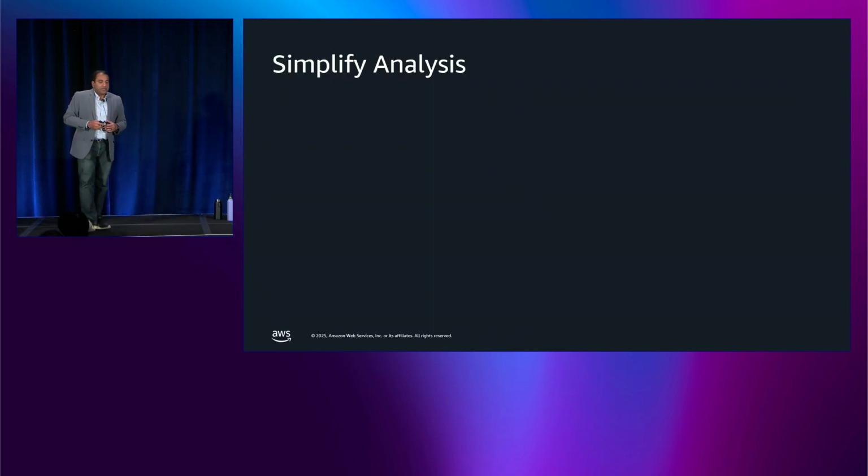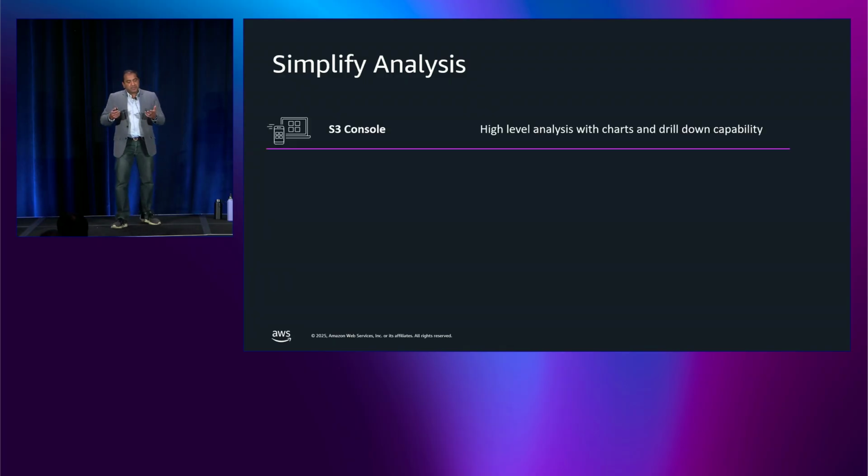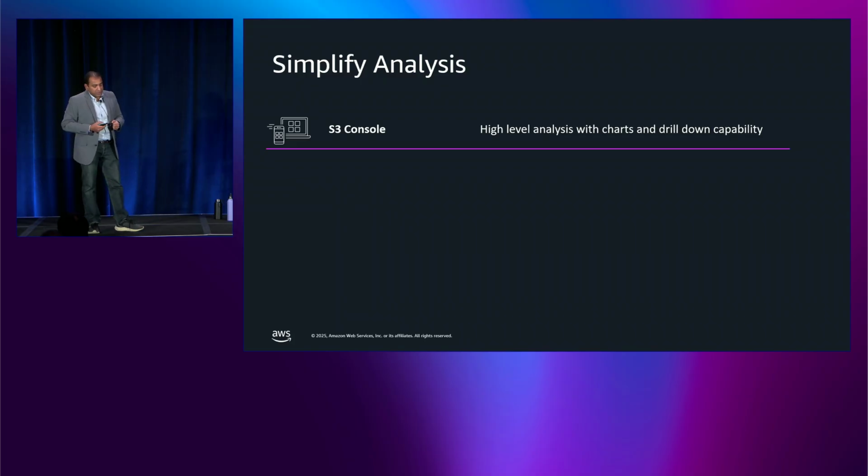And finally, on the simplification of analysis, we have added a bunch of new metrics. We have added support for billions of prefixes. How do we simplify the analysis? So today, the three primary ways you consume your Lens metrics are, one, through the S3 console.